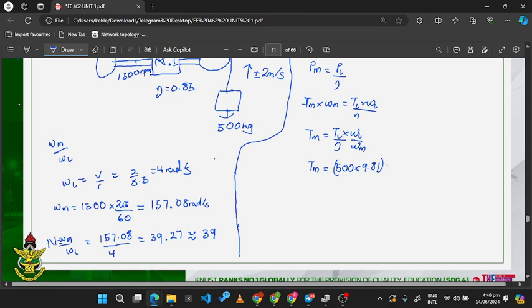Then to get a torque, we multiply that by 0.5. So that will be our load torque divided by the efficiency 0.85, and omega_L over omega_M will be the inverse of the gear ratio, so that's times 1 over 39. This gives us 73.98 Newton meters.